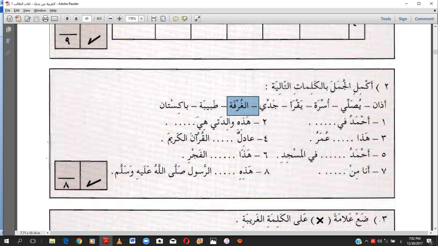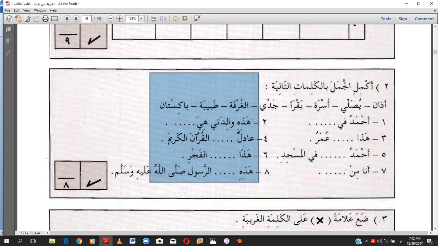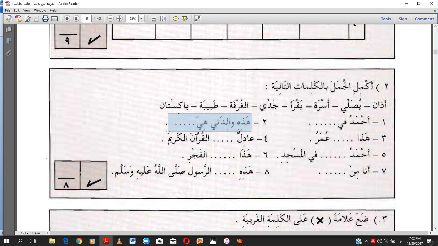The second sentence says, go ahead, this is my, she is a doctor. Ahsantum. The third sentence says, Umar. Ahsantum.